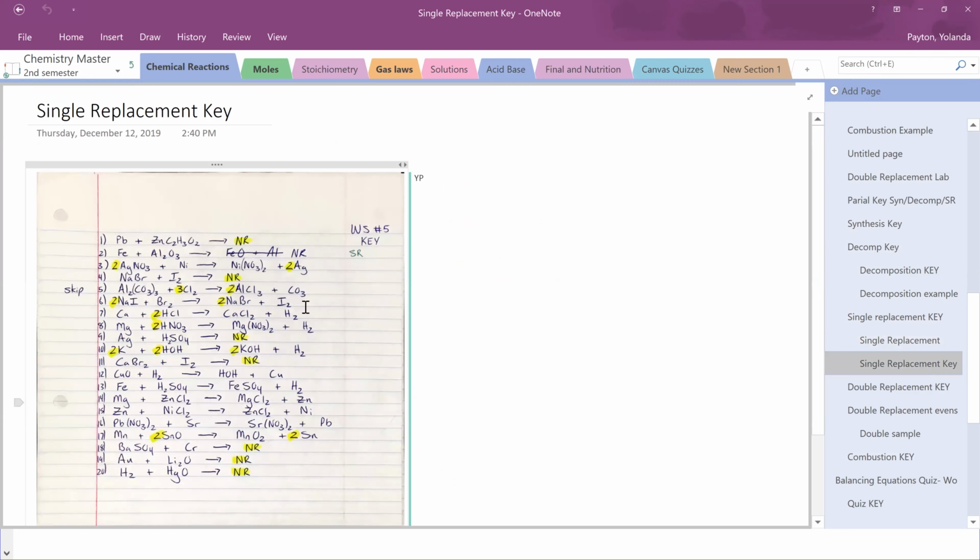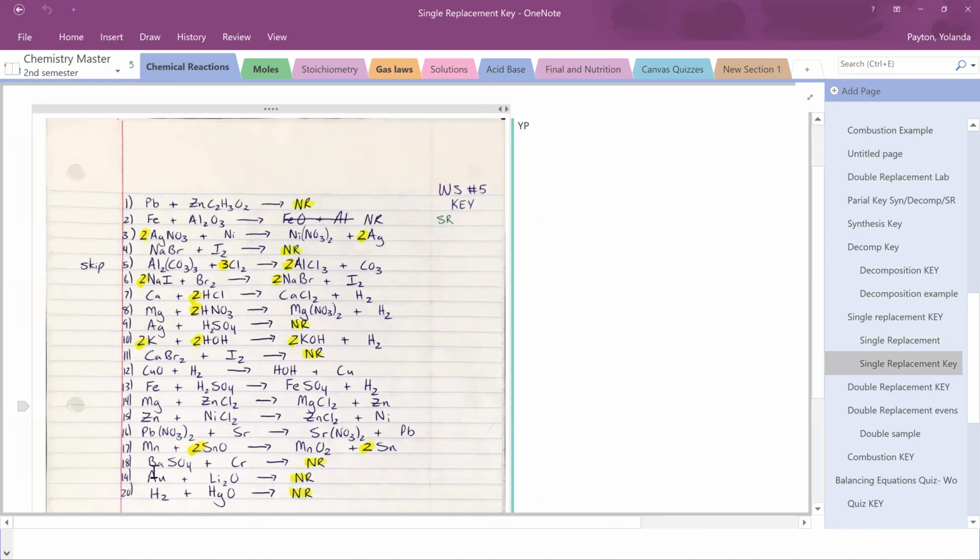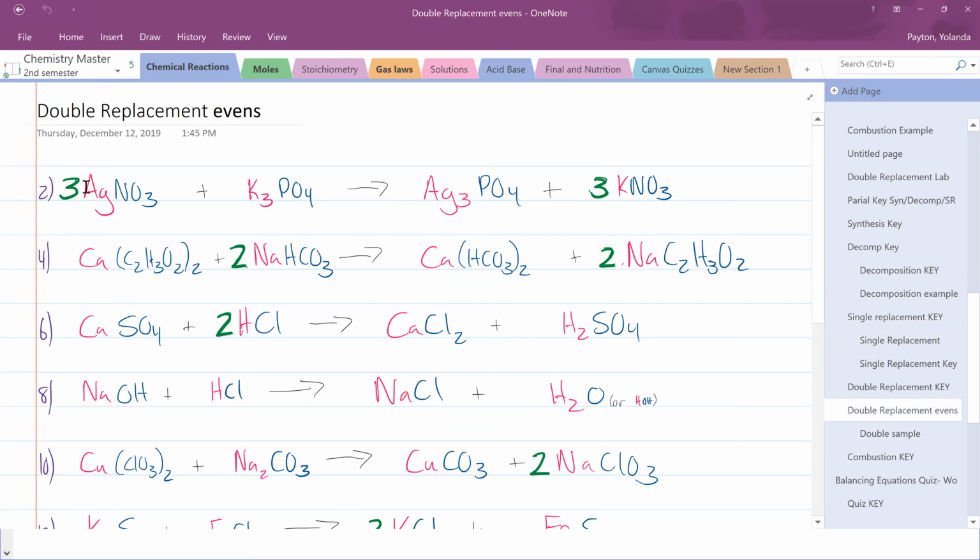Single replacement, you have one element and then one compound, and a single element and a compound and a single element, okay? And then double is actually the ones I like. So it's just, the couples just switch, see? So it's just switching, all right?